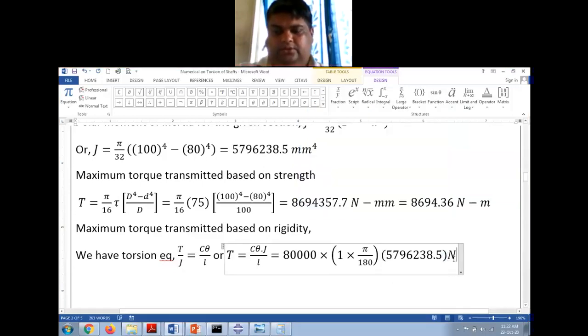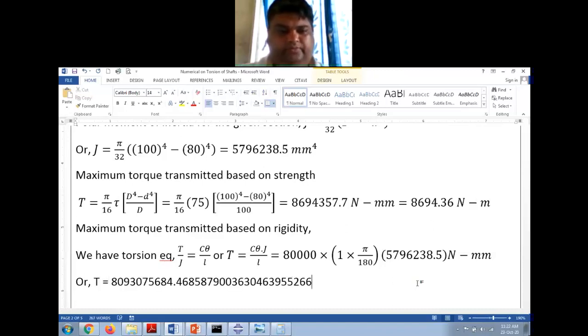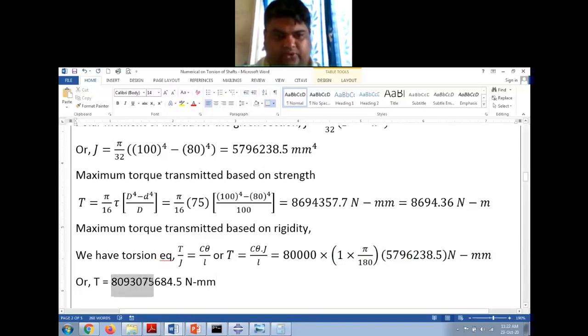This is Newton, or P is equal to, I'll take one decimal, this will be 5 Newton mm, and convert this to Newton meter. So this will be this much. 0.68 or I would say 7 Newton meter.